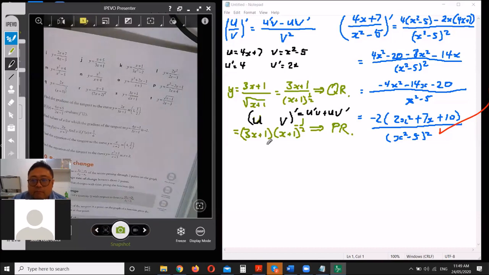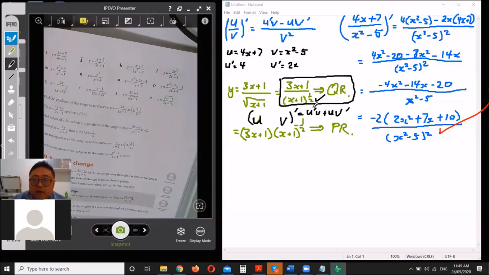Are you right to do this one using the quotient rule? Okay, cool. You kind of need to use the chain rule, the function of a function rule, for this one.